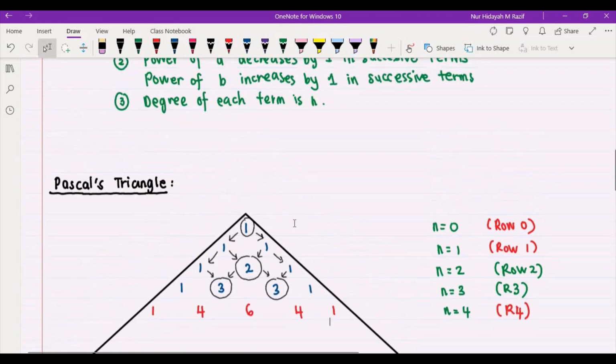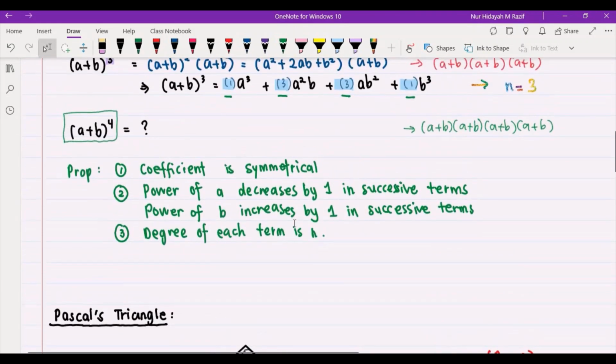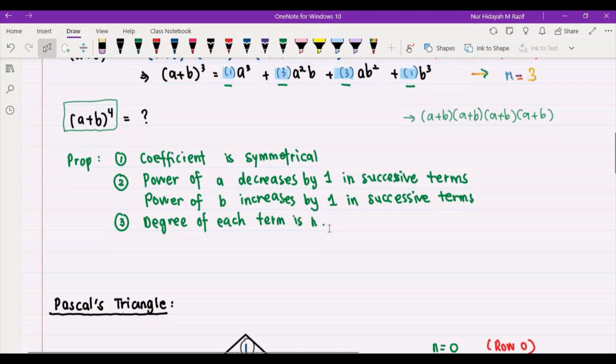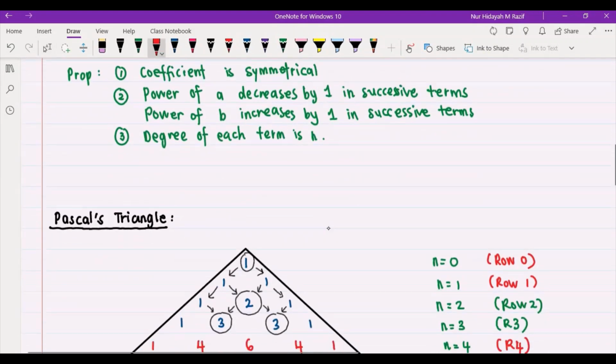Now let's take a look at the question that I left earlier. A plus b is raised to the power of 4. How do I get this expansion? The answer is that we are going to use Pascal's triangle, because Pascal's triangle gives us the coefficients of our terms in the expansion.